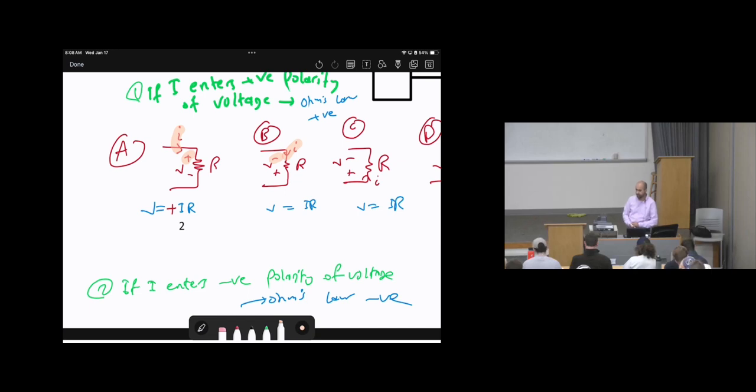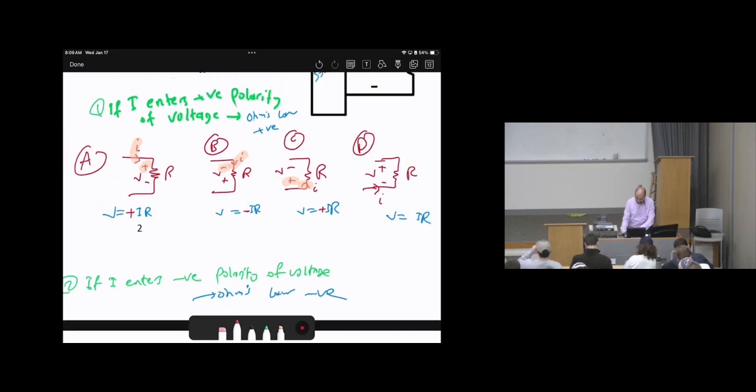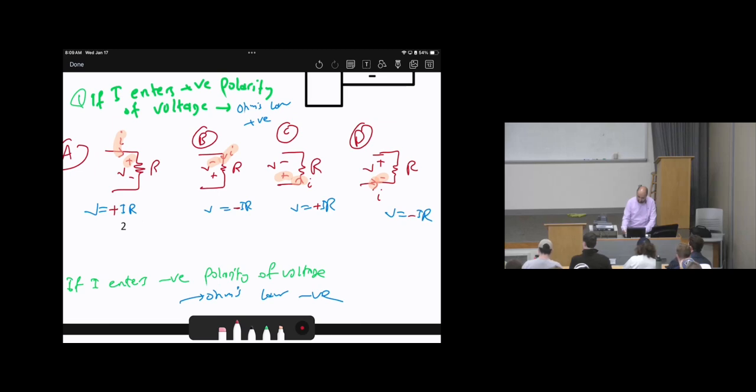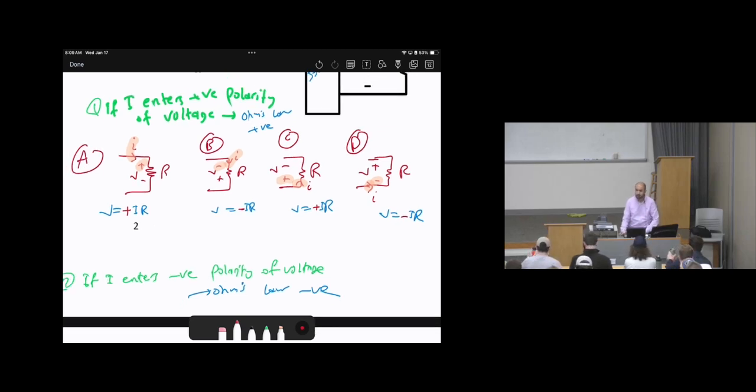Enters the negative, negative. Enters the positive, positive. C, the current enters the positive, so Ohm's law, positive. Then scenario D, the last one, the current enters the negative, so negative. That's all of the four possibilities.